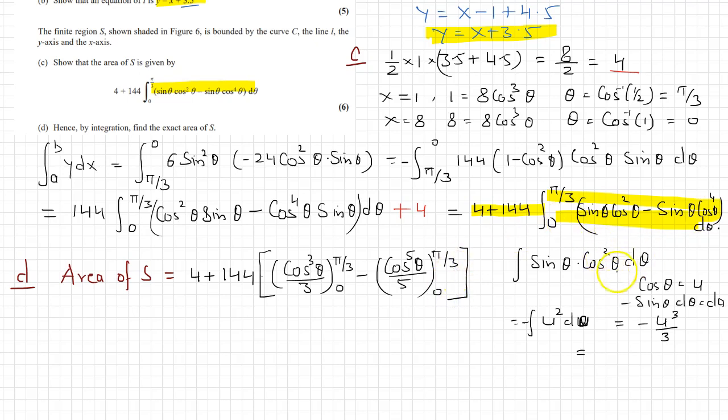The only difference is here it will be u to the power 5, and it's minus, so this is going to be positive.